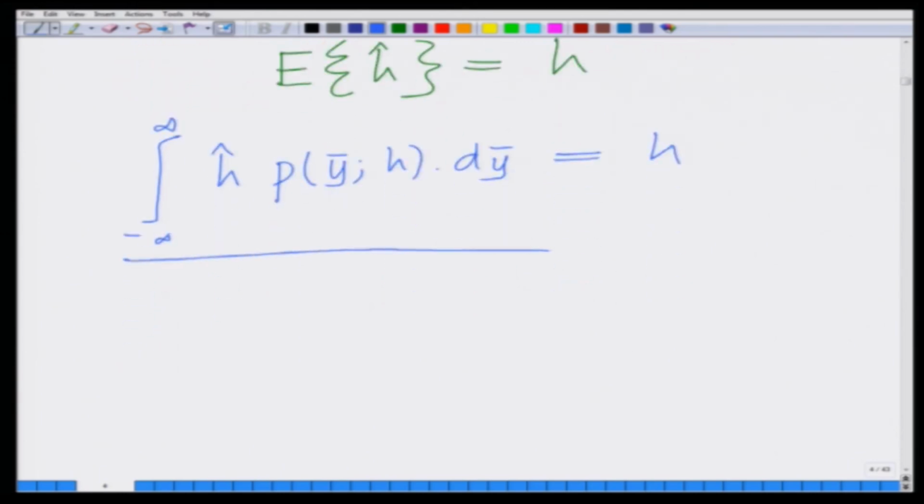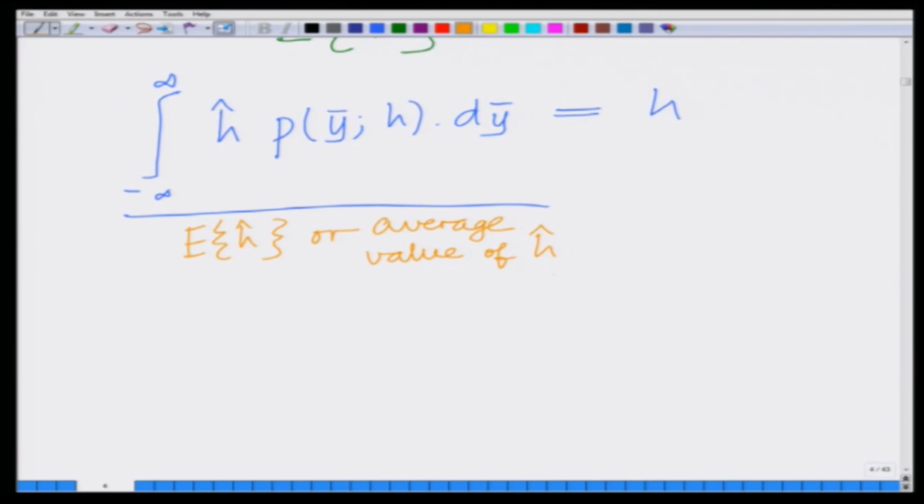This quantity here is basically the expected value, h hat multiplied by the probability density function and integrated between minus infinity to infinity. Therefore, this is nothing but the expected value of h hat, or basically the average value of the estimate h hat. Now, again differentiating this with respect to h.